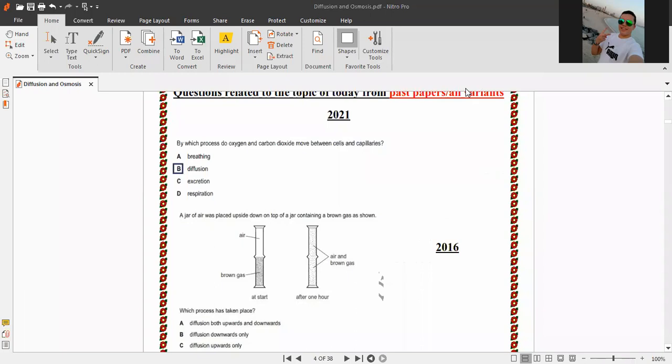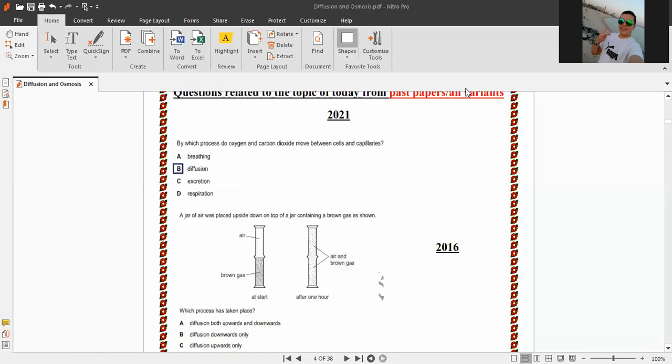Because when a gas jar containing air is placed upside down on a gas jar containing bromine vapor, this brown gas, after some time the gas jar containing air also becomes completely reddish brown. What is the reason? We observe that after some time, the red-brown vapors of bromine spread out and diffuse into the upper gas jar containing air.